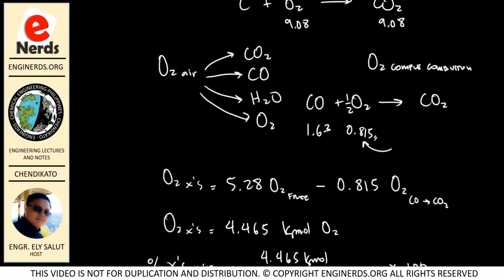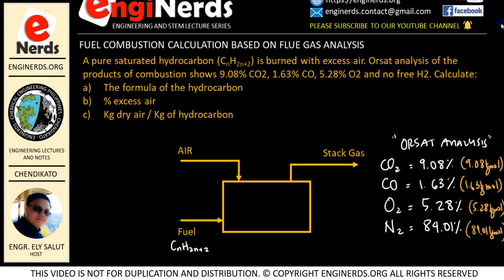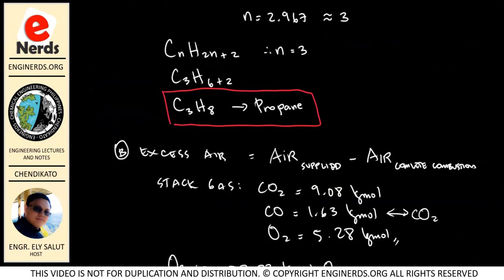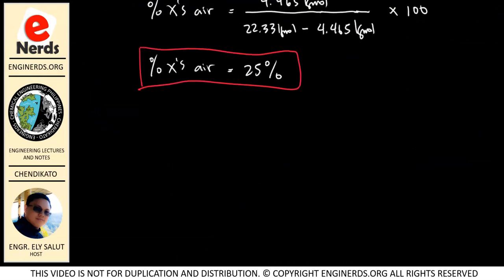So, isa na lang ang kailangan natin kunin, and we need to get the kilogram of dry air per kilogram of hydrocarbon. Oh, sorry, we are after the actual weight now.